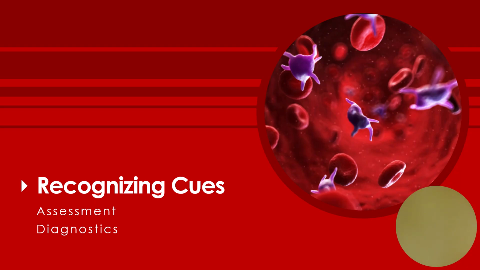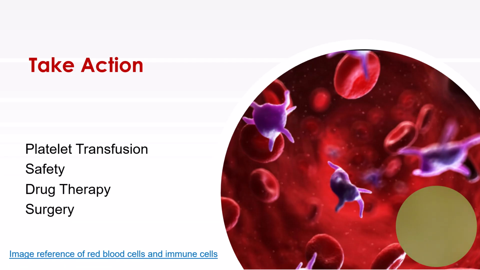So we're going to do a CBC, and we will expect to see a low hemoglobin and hematocrit along with low platelets. We may also see antiplatelet antibodies present with a deeper dive into the blood studies. So what do we do? We're going to monitor platelet levels, and in mild cases, that may be all that we need to do.